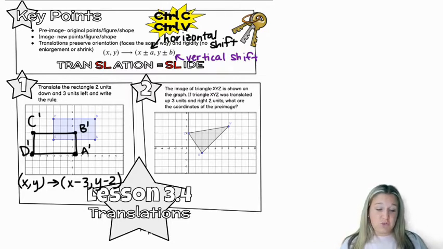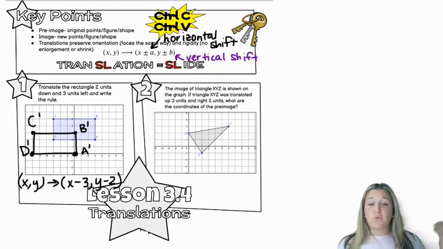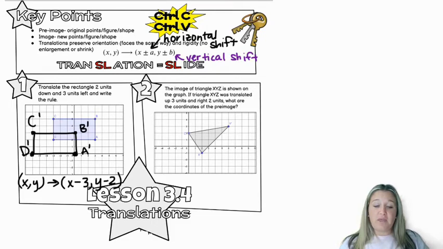Now let's look at example 2. It says that the image of XYZ is shown. The original triangle, the pre-image XYZ, was translated 3 units up and 2 units right. What are the coordinates of the pre-image? It may ask, what are the coordinates of Z, not Z prime. So we're going to go the opposite direction. It says 3 units up, so the old one was 3 units down.